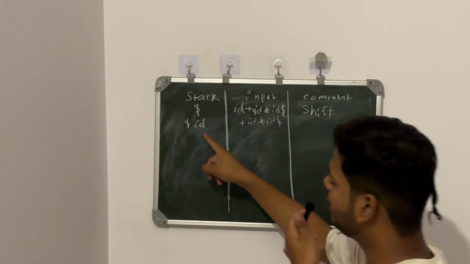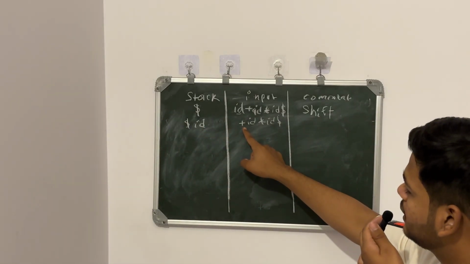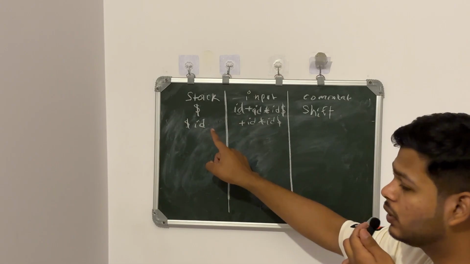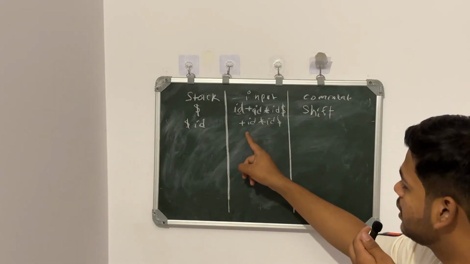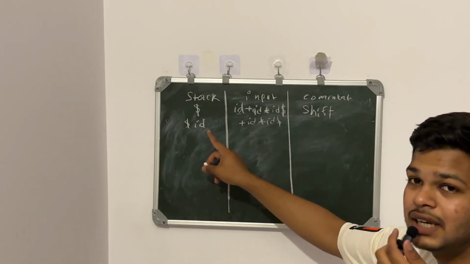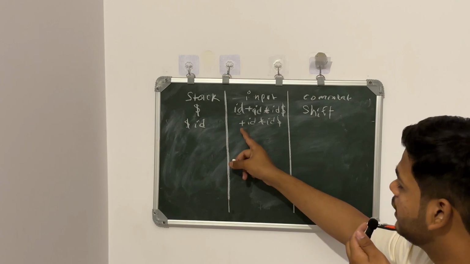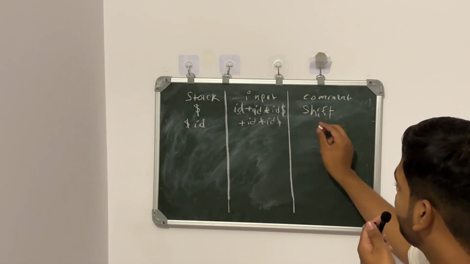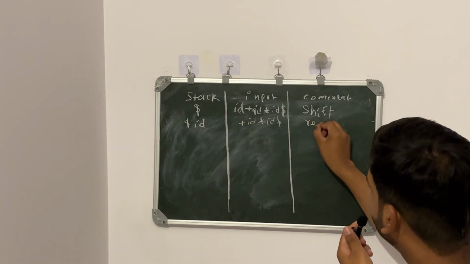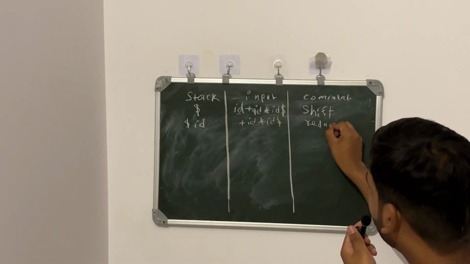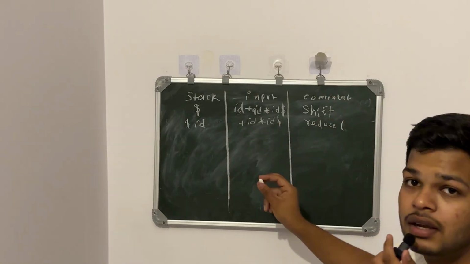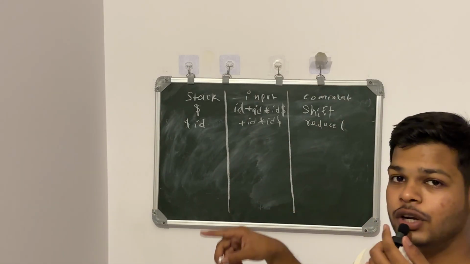Now we have to shift this plus sign into the stack, but since ID has higher precedence, we cannot shift this plus sign. So we have to reduce. We will write reduce, and we will write the handle of the ID. In the previous video, I have taught you the handle.